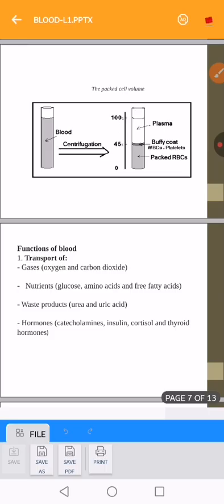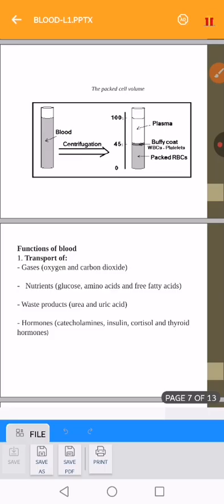Because anything we need for that organ or tissue, either nutrients, oxygen, or carbon dioxide, for that organ to function is through the blood. So without the blood, our body will die.